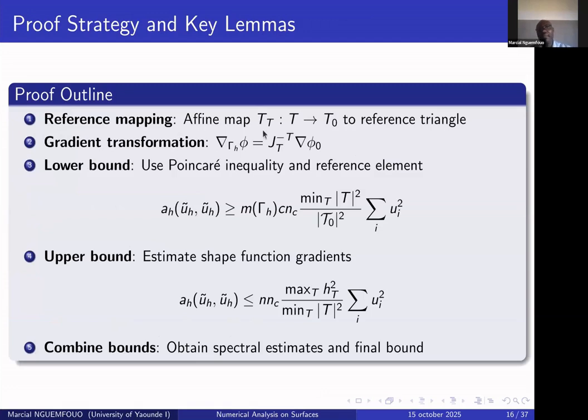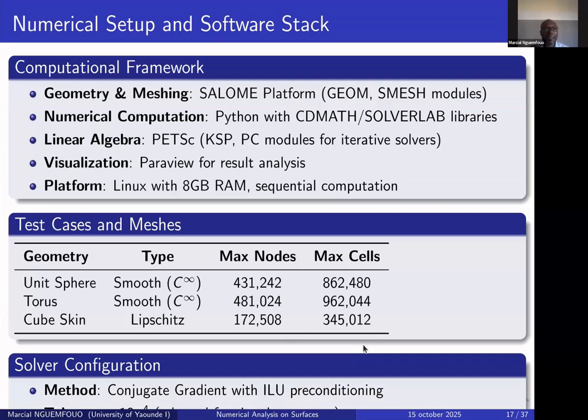The reference step will show the affine map of all triangles into the reference triangle. We use some gradient transformation like this, and we prove a lower bound of the discrete bilinear form through the discrete Poincaré inequality and the reference element, and an upper bound estimating the shape function gradient. Combining both inequalities, we obtain our desired result.